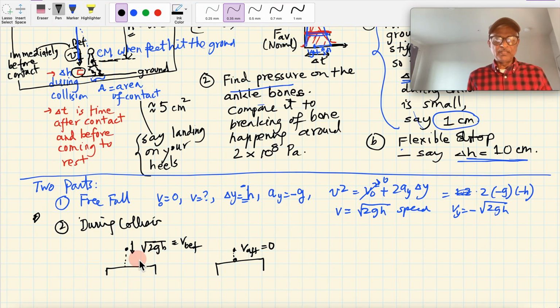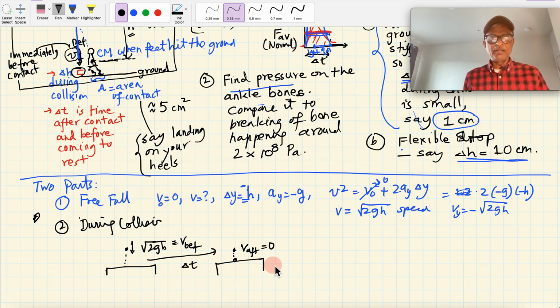The time between this and this is delta t. During this time, the force is upward, F average.